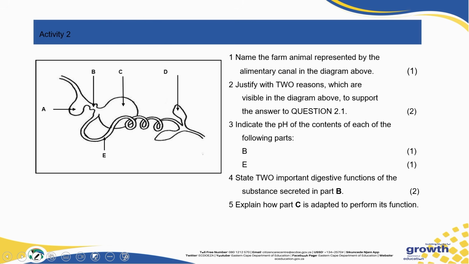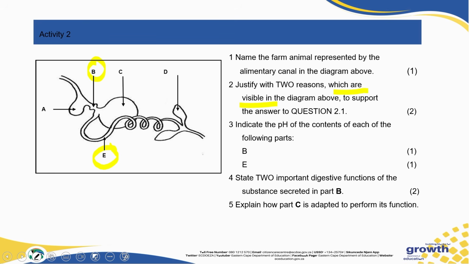When a question reads justify two which are visible, you have to give visible reasons, not the reasons you know, just visible reasons. And then 3, indicate the pH of the contents of each of the following parts: the contents of part B and the contents of part C.